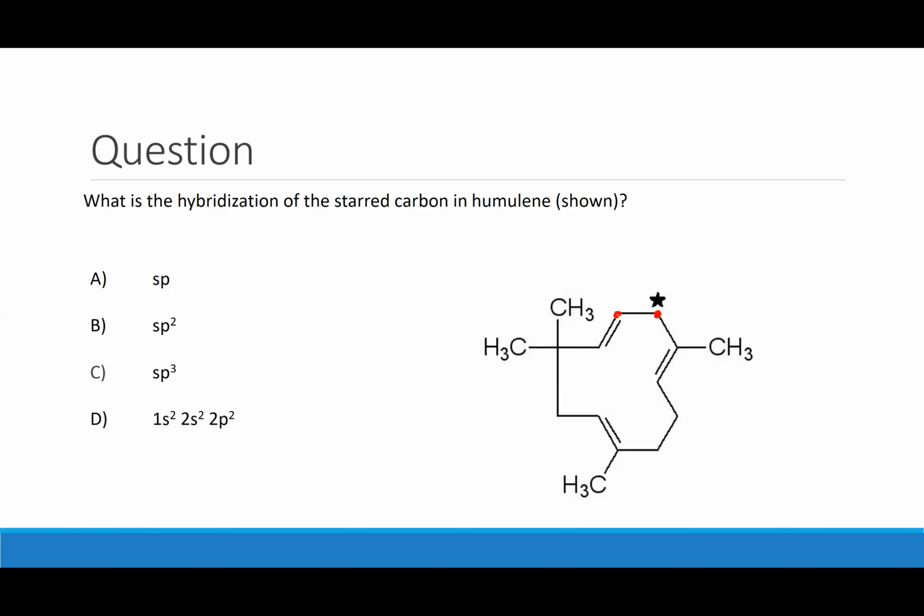It's attached to a carbon here and here, but don't forget, we don't draw hydrogens in our line structures. So we should know that this carbon is also attached to 2 hydrogens. So this carbon here has 1, 2, 3, 4 atoms attached to it, making it sp3 hybridized.